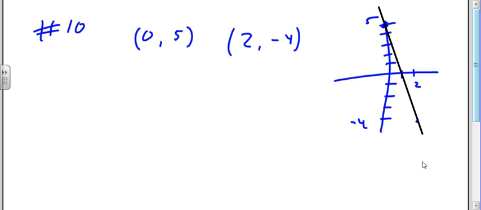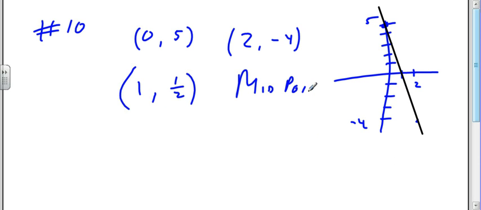Okay, well, the midpoint, because I go from 0 to 2, the midpoint has to be at 1, right? So 1, and I go 5 to minus 4, so the midpoint of that should be a half. So by looking at it, if I draw a picture, that should be where my midpoint is.